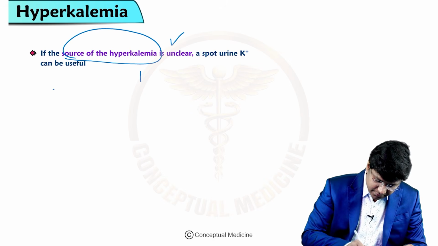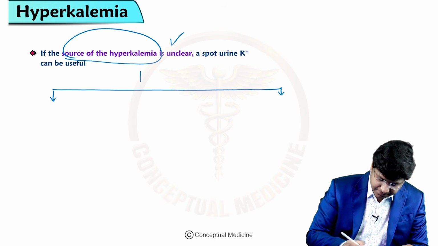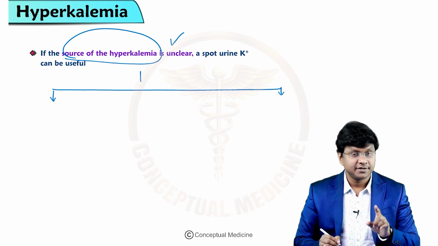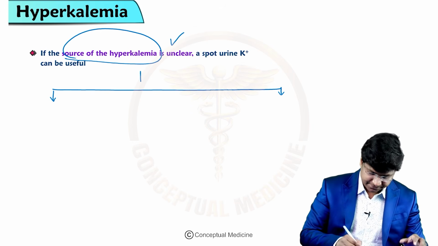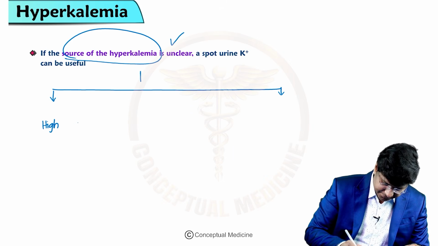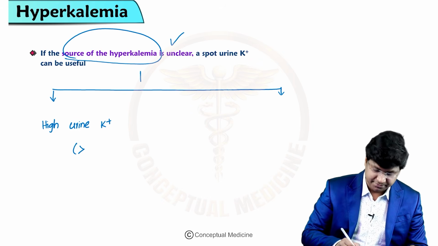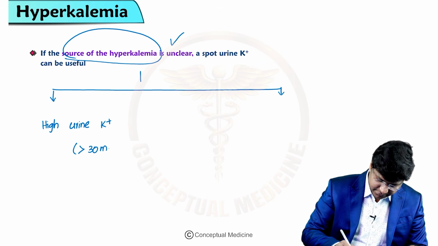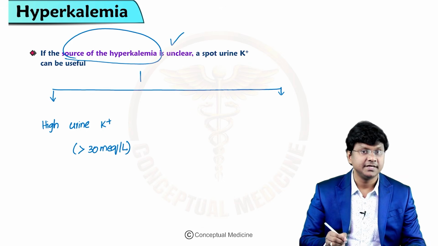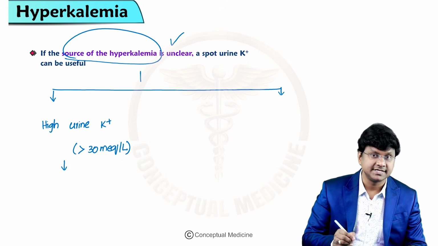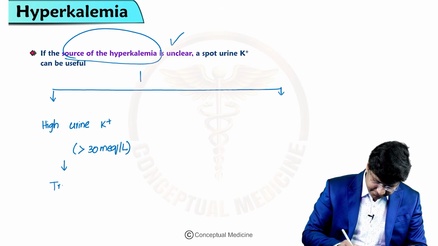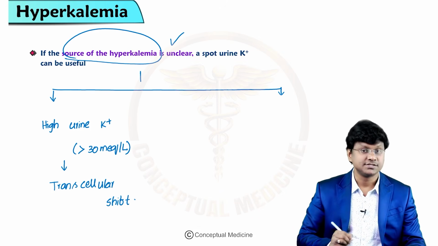Suppose there is high urine potassium, that is, if the urine potassium is more than 30 milliequivalents per liter, this will suggest the transcellular shift.